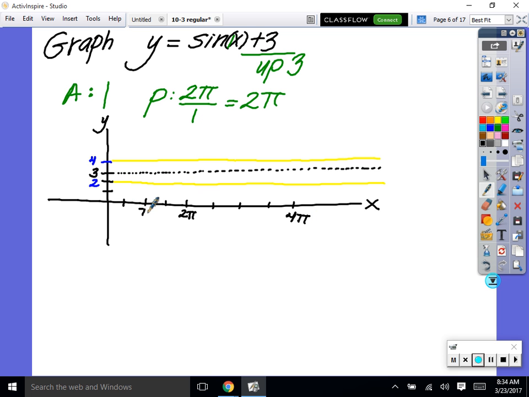So then this will be pi, right? So then this will be pi halves, 5 pi halves, 7 pi halves.